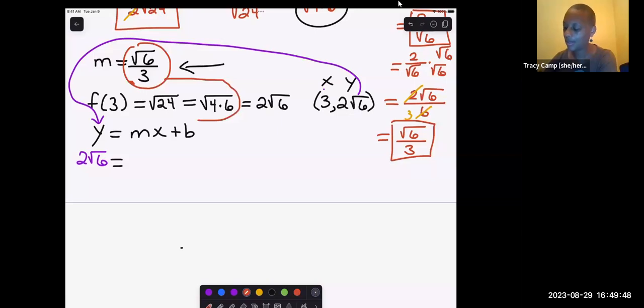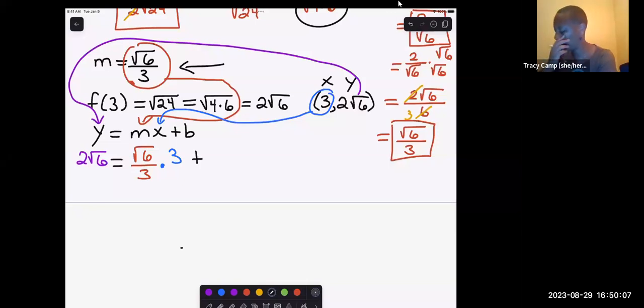That's right there. And then I'll plug in 3 for the x, so this is times 3. And then b is what I don't know, so this is plus b. Notice the 3's cancel out. That's so nice, isn't it?